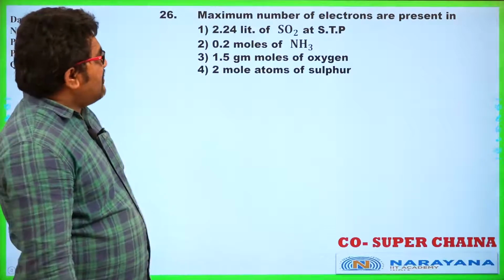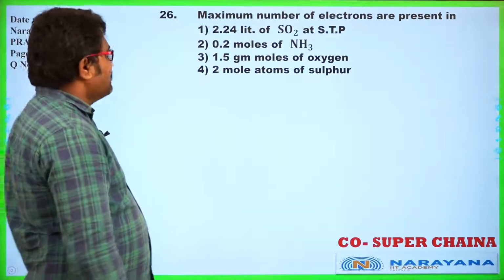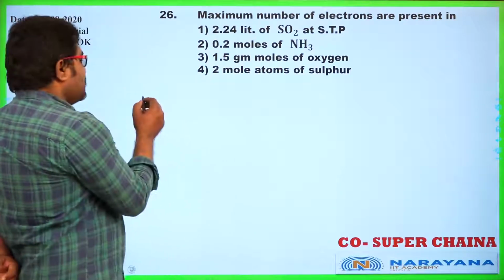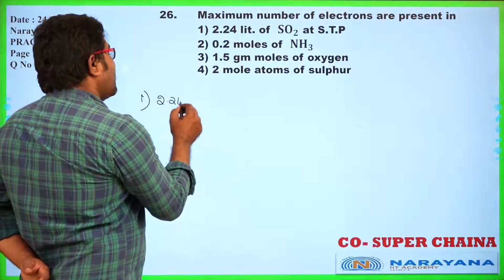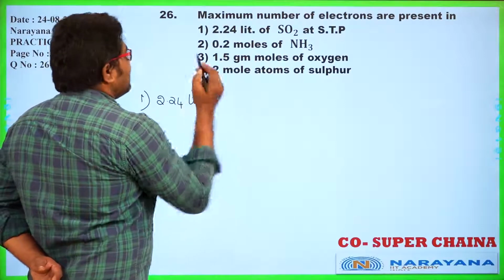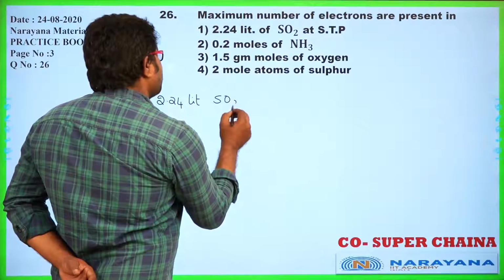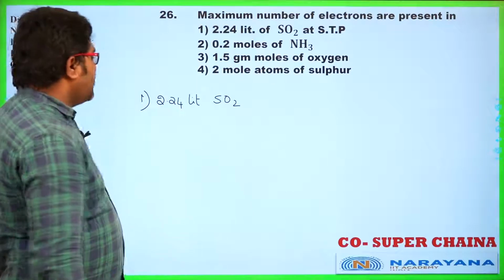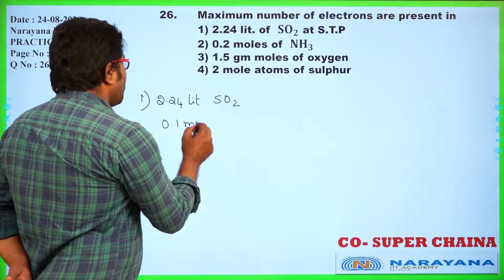Which has the maximum number of electrons? Let me go through the first option. You can calculate 2.24 liters of SO2 at STP. 2.24 liters means it is 0.1 mole.